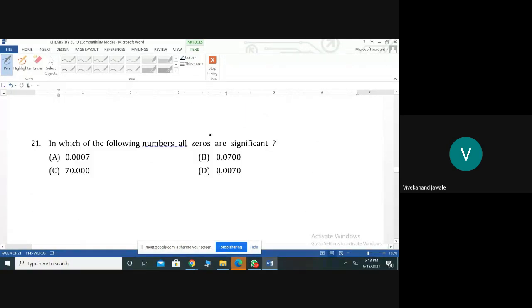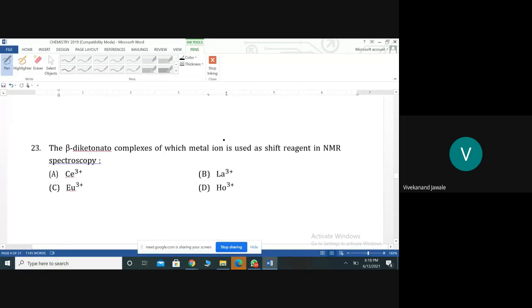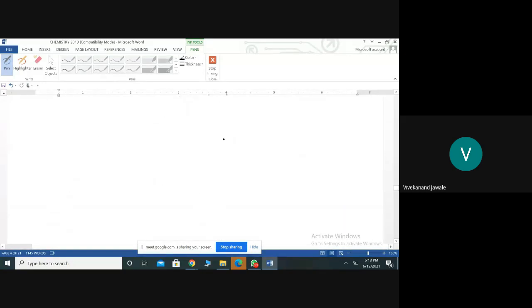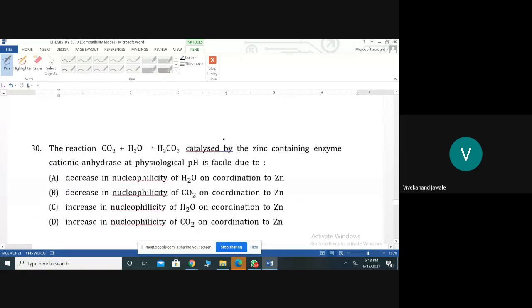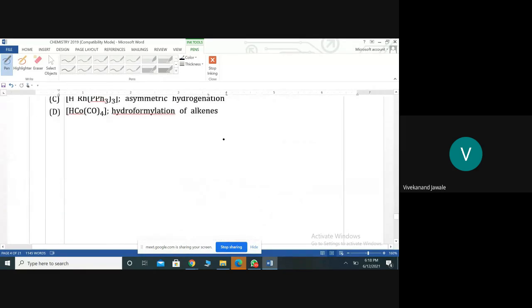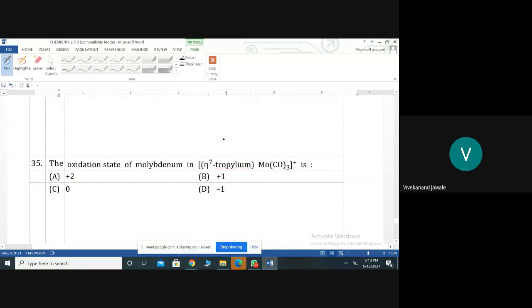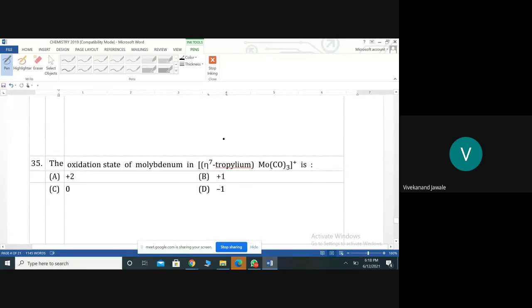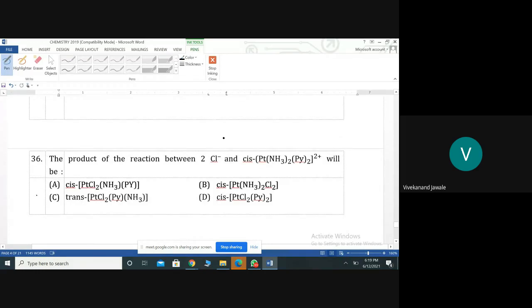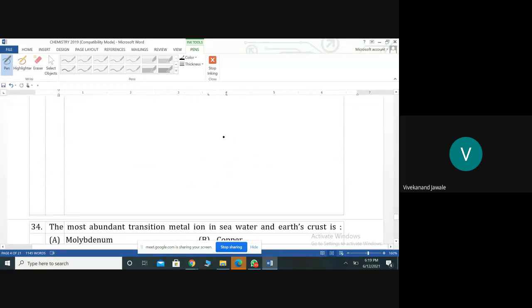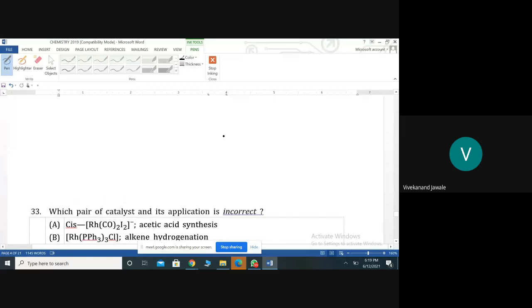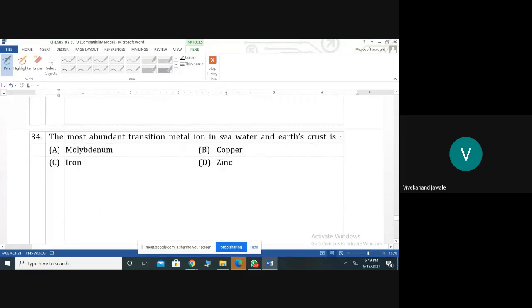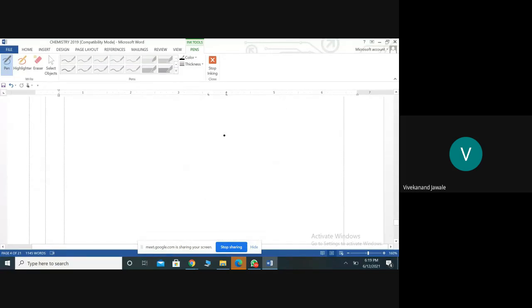If you check your question paper, every time they ask near about 32 to 33, sometimes 35 questions on inorganic chemistry. And if we have this many questions on inorganic chemistry, you have to focus more on inorganic chemistry, and similar type of questions will come on symmetry also.